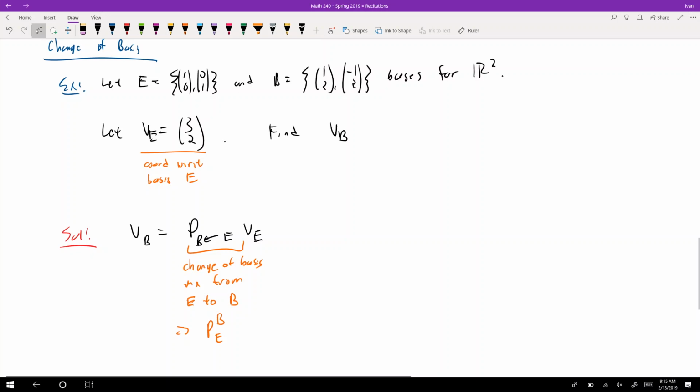I think McGrath does P from E to B, rather than the book notation, but just keep in mind that that's what the book notation is. I'll alternate between the two a lot, so that when you see this, you'll think this.